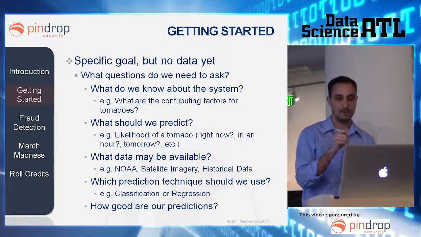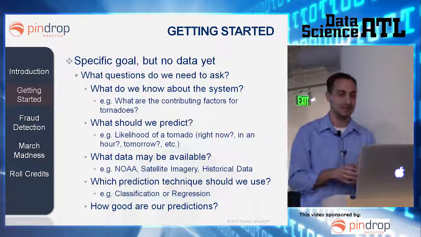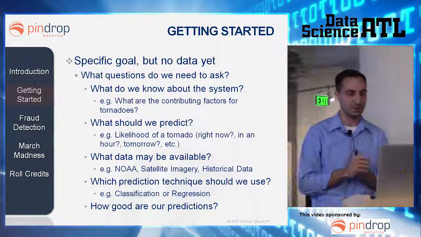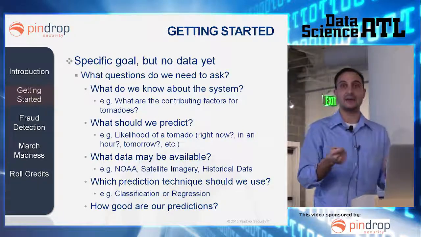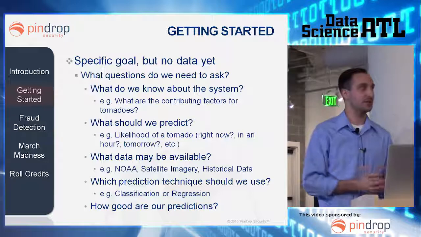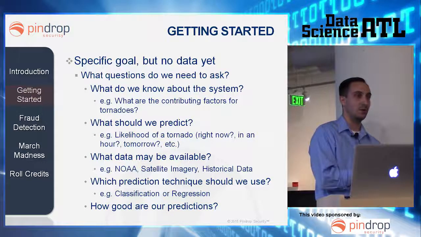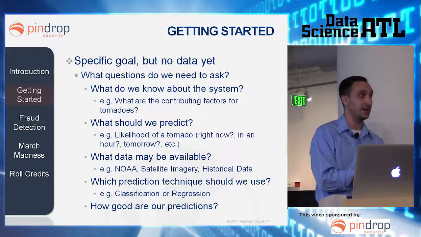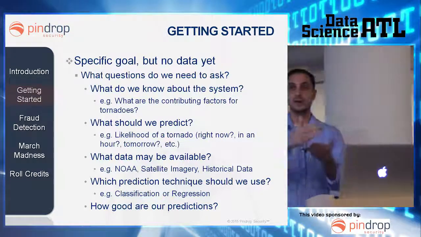And then the key in measuring your prediction is, and I'll use this example again with the tornadoes, if your measure of accuracy or quality of prediction is for a tornado, did we predict with high accuracy a tornado either not happening or happening at every minute of the year?